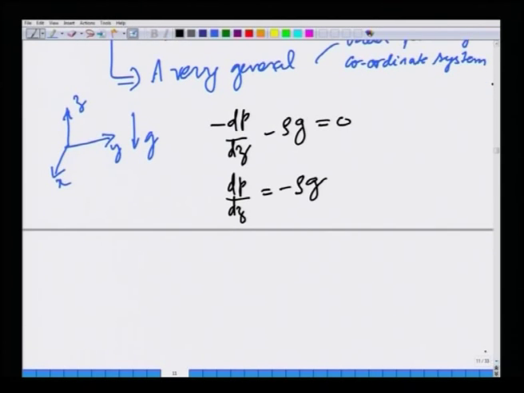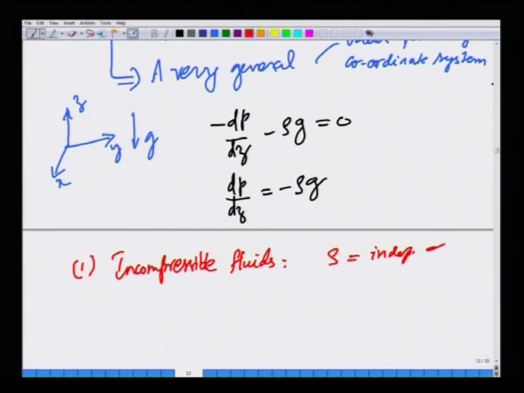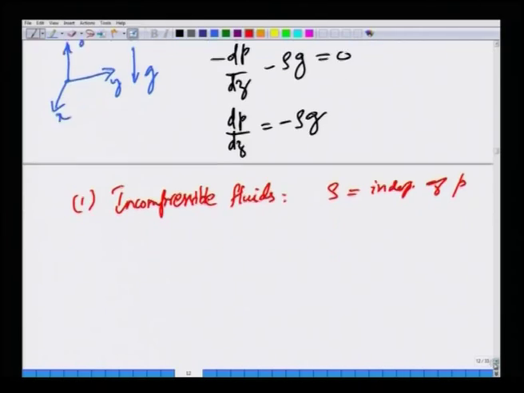If you want to integrate this equation, we have to assume certain things about density. If you assume incompressible fluids, for which density is independent of pressure P, and since g is a constant, both rho and g are constants in this equation.